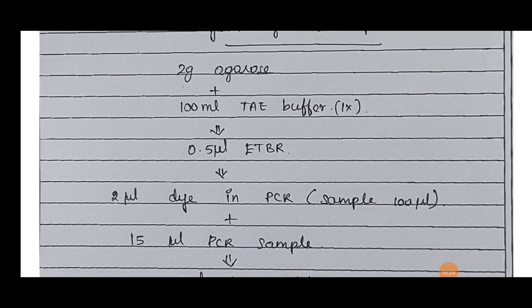Then we have to add ethidium bromide, that is carcinogenic, so we have to handle it with proper PPE, okay, that must be 0.5 µl. Then we have to add 2 µl dye in the PCR samples, that means in each of the 4 or 5 sample tubes we add 2 µl of sample dye.